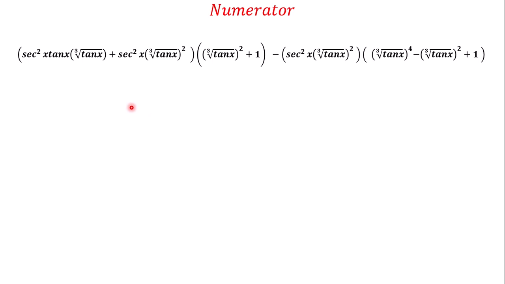So this times this will give us what? Here the focus is on the cubes. This one, let's forget it. So when you multiply the cube root of tangent x to the power 2 by secant squared times tangent x times the cube root of what? Tangent x.